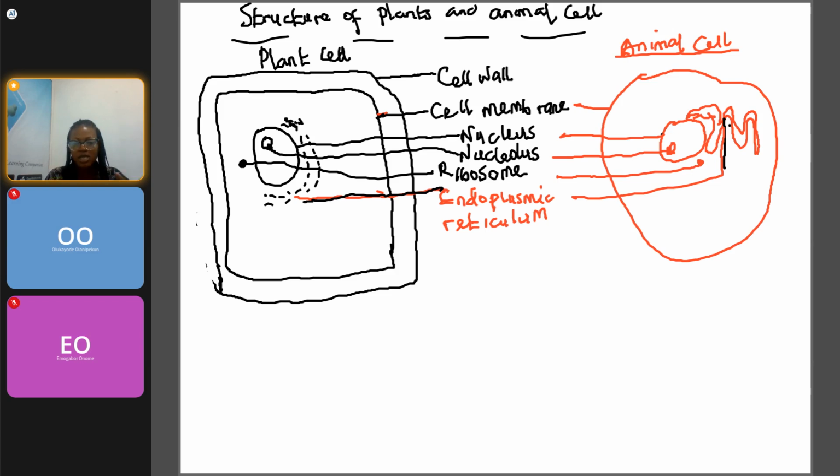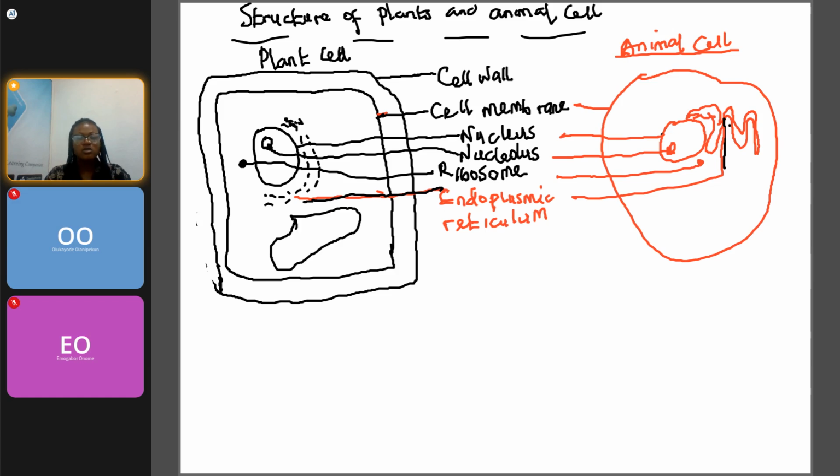So endoplasmic reticulum helps in synthesizing protein. Okay, so which means that both plant and animal cell have endoplasmic reticulum. Then we move to another component inside the cell. I believe we are enjoying the class and we are taking note of the components and the structure.